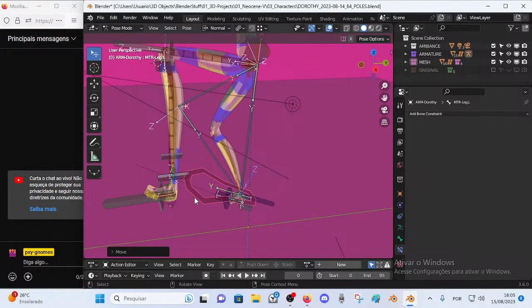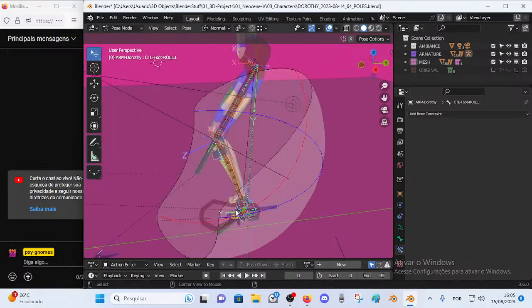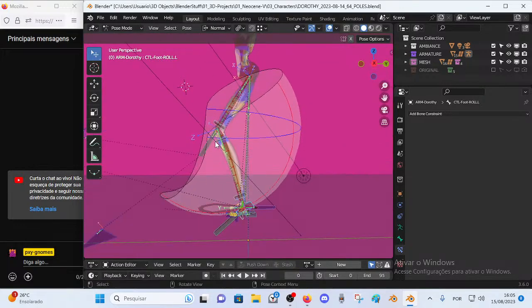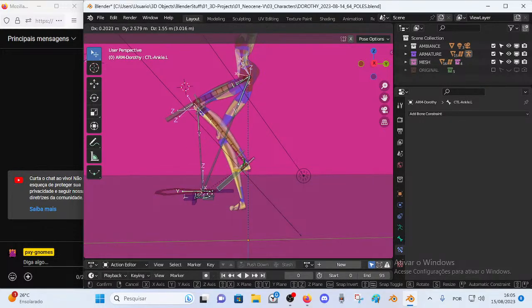And so you see that I lose some functionalities of this as we split the chains, because occasionally we might want to make FK posing, right? And so the thing here is simple.